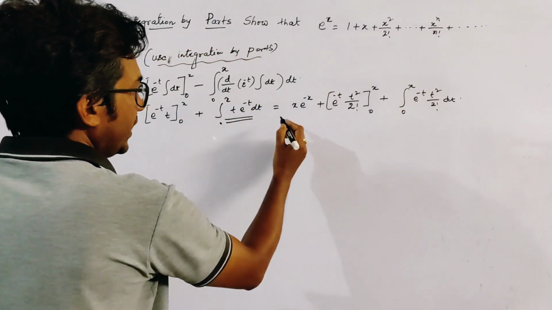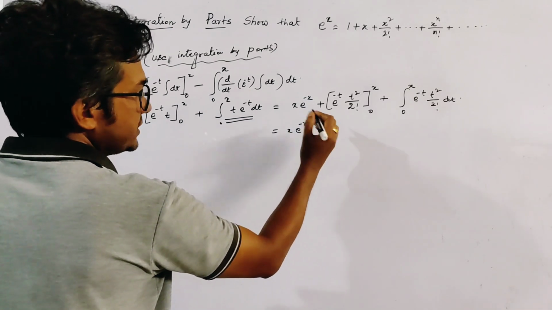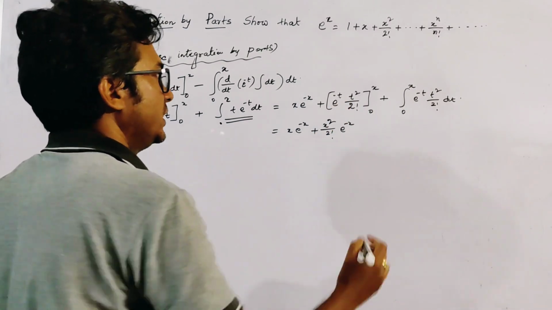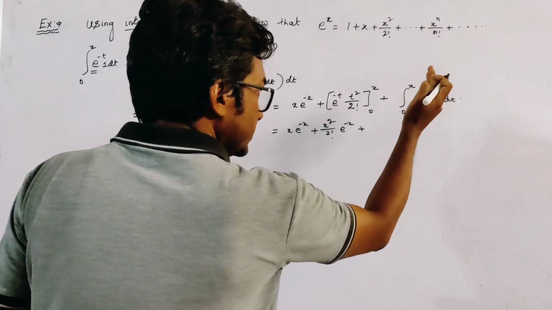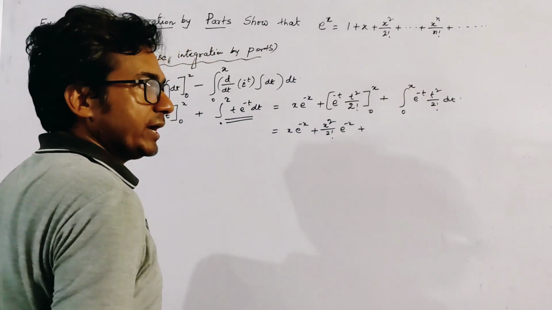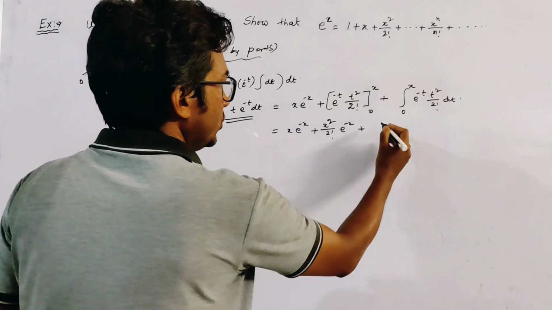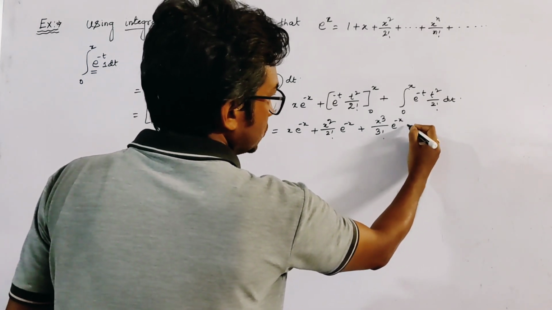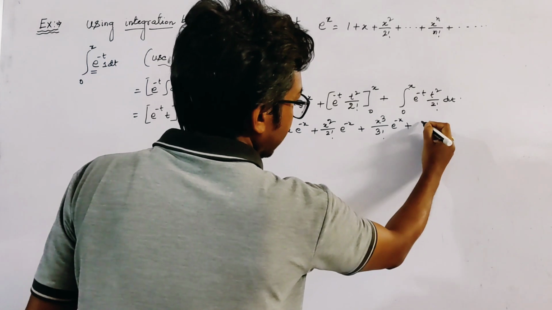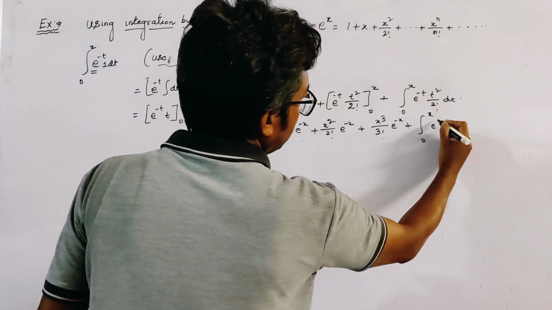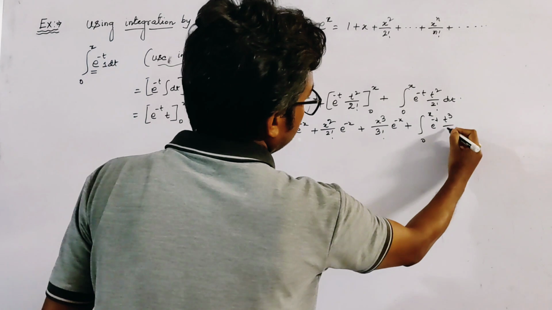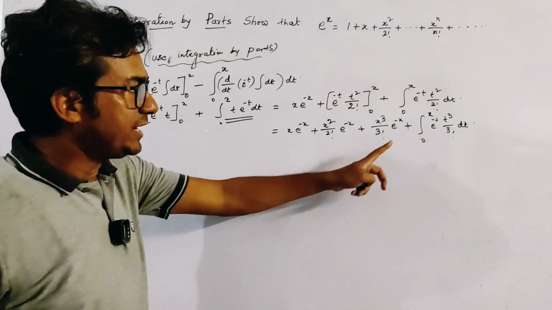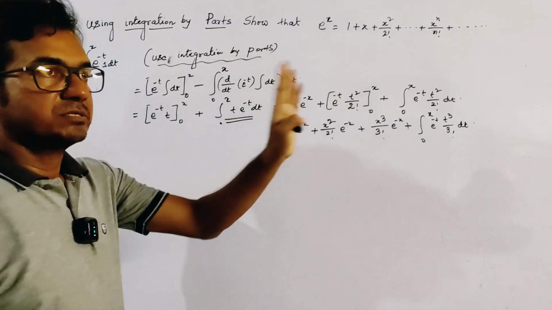And from here we get x e to the power minus x plus x square by factorial 2 e to the power minus x plus, and by integrating by parts again, we get x cube by factorial 3 into e to the power minus x plus integration 0 to x e to the power minus t into t cube by factorial 3 into dt. So we use repeated application of integration by parts.